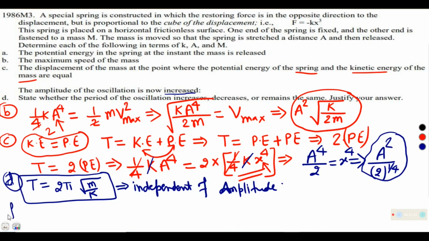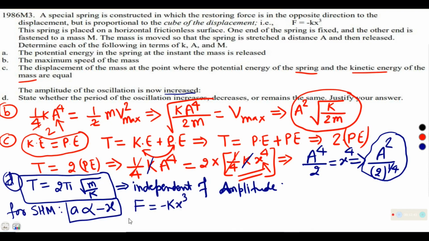Why? For simple harmonic motion, we know acceleration should be proportional to negative of x. This is the basic and fundamental condition for SHM. But here, the force is equal to minus k times x cube.